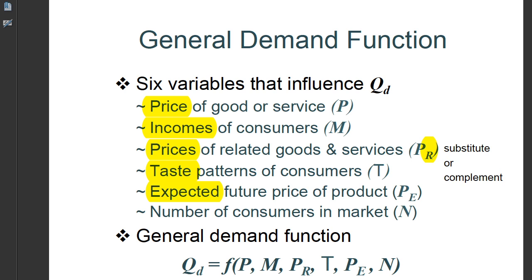There were also individuals who bought up all the sanitizer from the internet, like 10,000 boxes, so that they could turn around and resell them for a higher price. So that also influences the quantity demanded today.